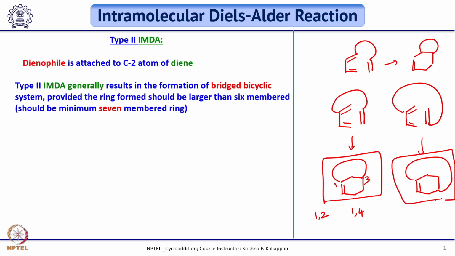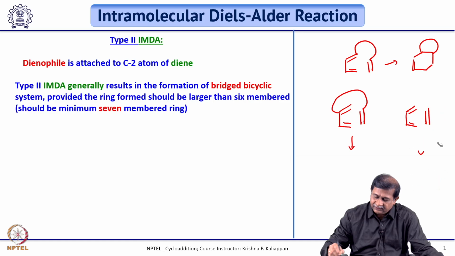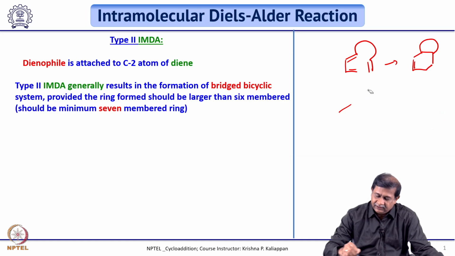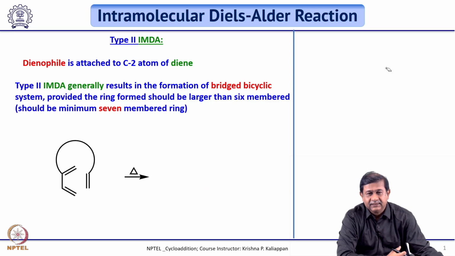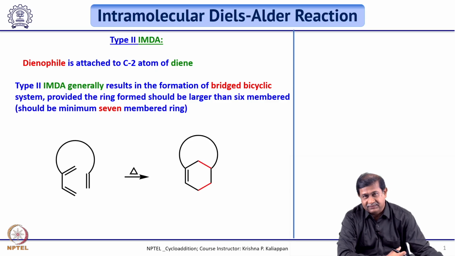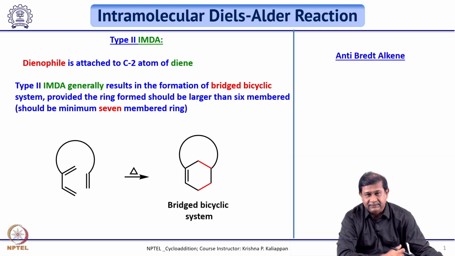As you know, from the structure point of view, it is not that easy to get 1,4. So what you get is a bridged bicyclic system in intramolecular Diels-Alder reaction type 2. So the intramolecular type 2 Diels-Alder reaction is not that easy.